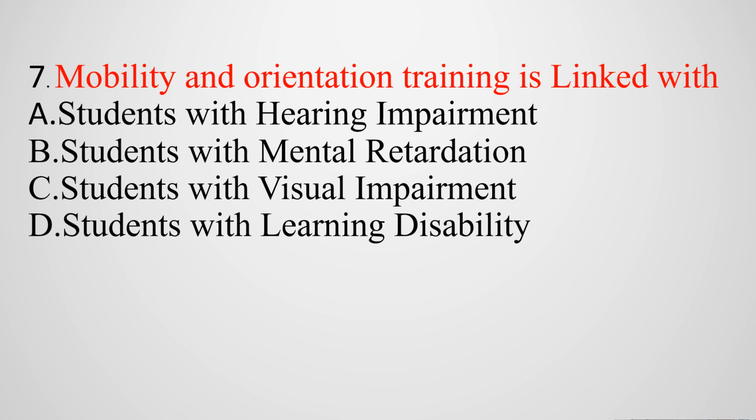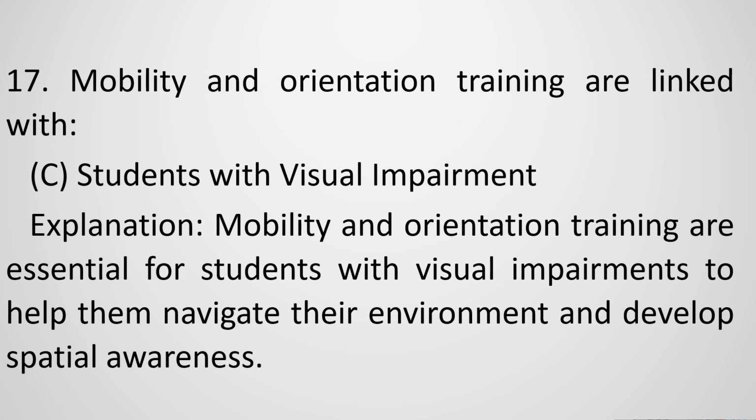So here, student with visual impairment, they require it. Why? So they could not see properly. That's why sometimes we can see and observe other people, what they are doing, actions with their hands, that may not be appropriate with their actions and movements.